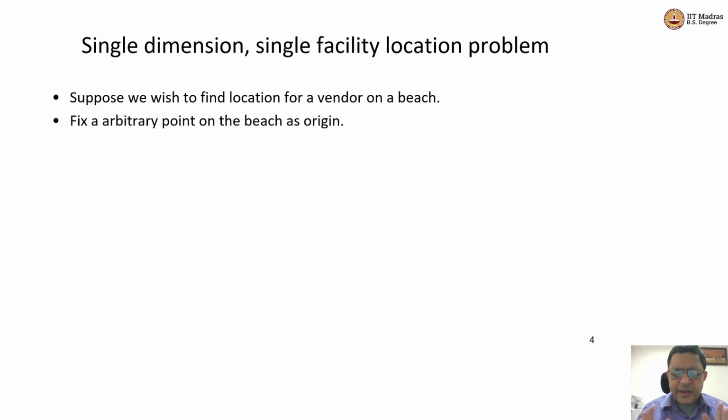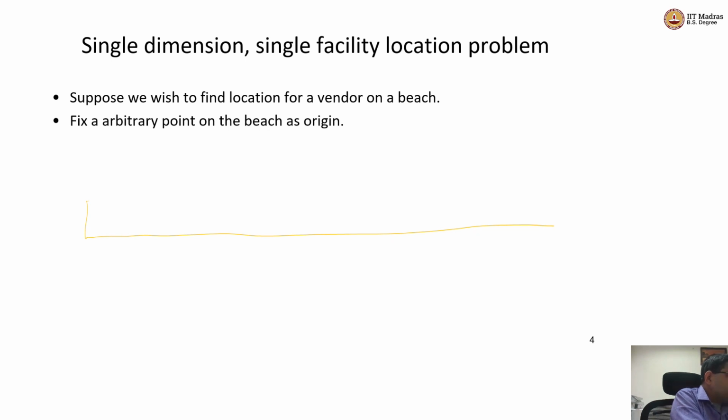Now let us start with a very simple problem, right? And I have a nice example for this. I live in Chennai, and one of the tourist attractions in Chennai is our Marina Beach, one of the longest single stretch beach, right, in a city. So let me change the color.